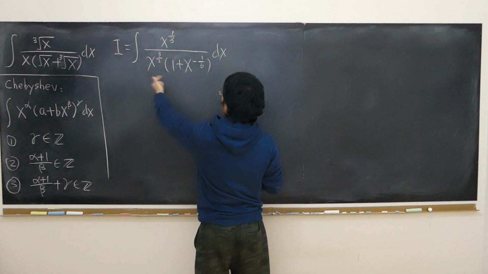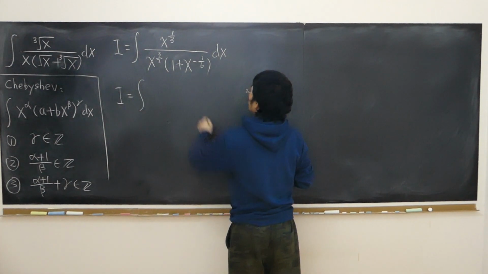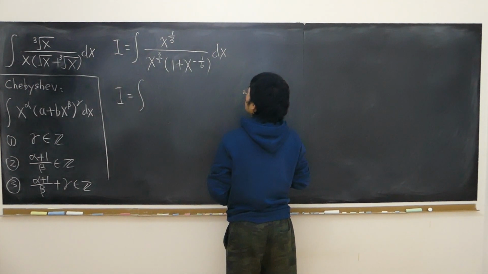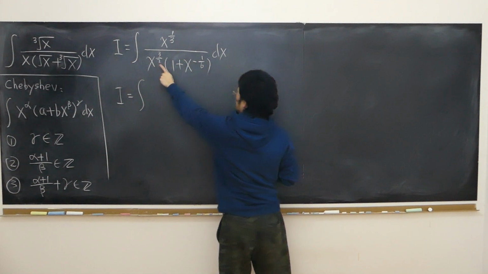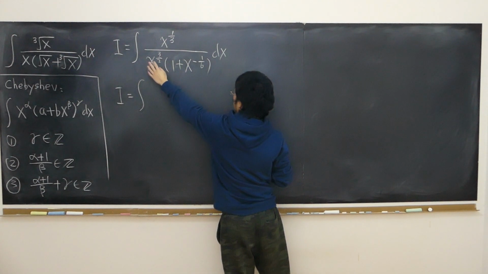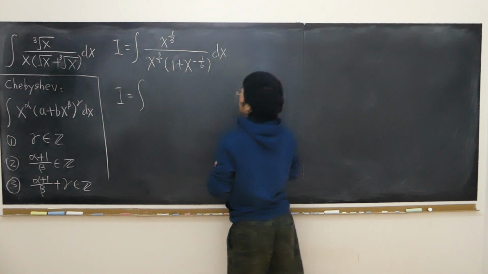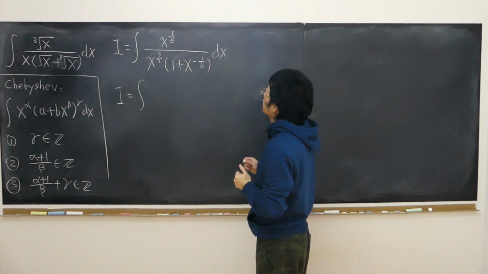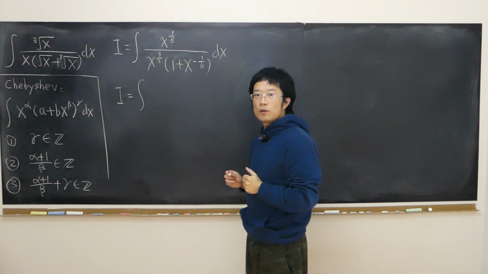Now I equals, combine this term and that term. Essentially I'll have to subtract the indices again. So 1/3 minus, because this term is on the bottom, it's this index minus that index. That's 2 over 6 minus 9 over 6, which is minus 7 over 6.